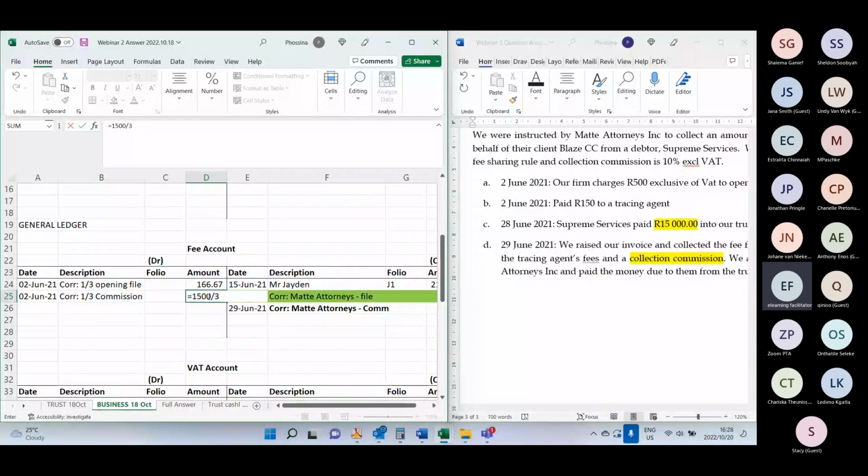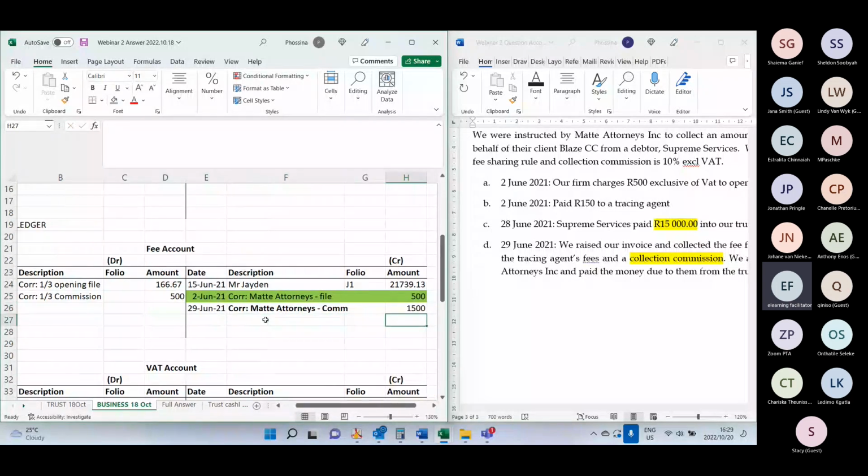It means it's a third. Whichever way that you calculate, you should come out with the same answer. So a third of 1,500 is 500 rands. That's what we are going to pass over to our correspondent.